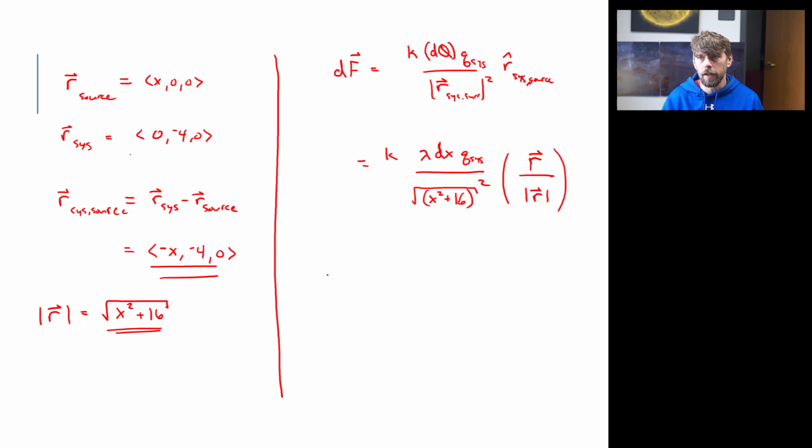So at the end of the day, we get that the force due to that infinitesimal little sliver is equal to k lambda q of the system. And then I'll go ahead and plug in everything else. What we have is something like negative x comma negative 4 comma 0, all divided by x squared plus 16 squared.